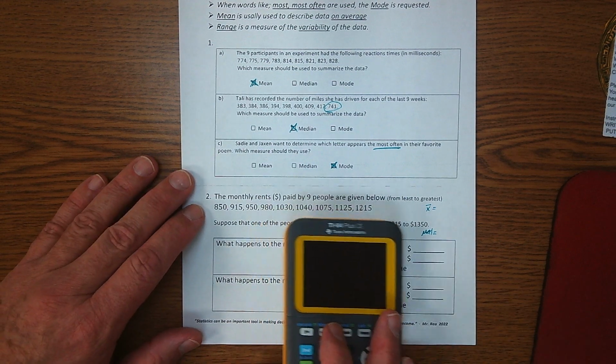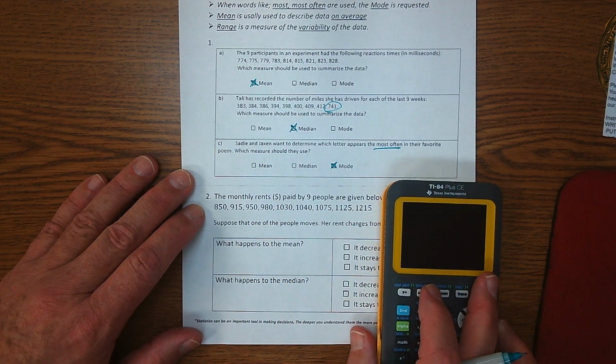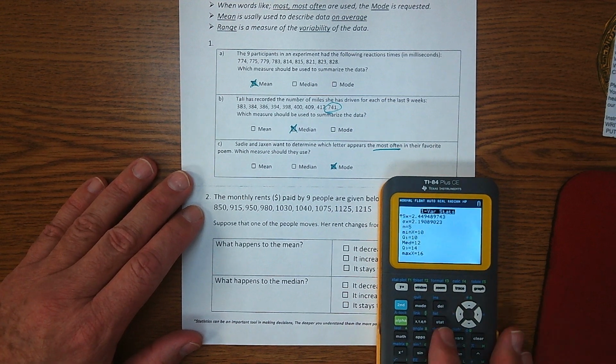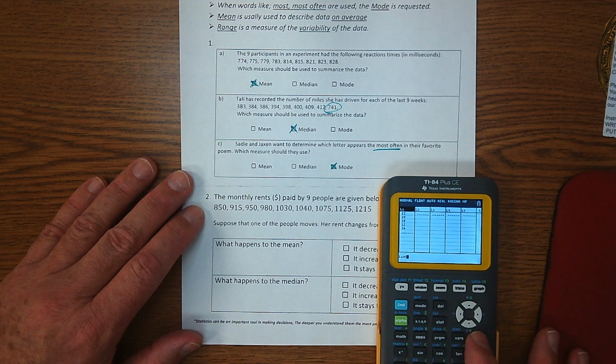So we'll do this. We're going to go grab our data here. We're going to put these 9 numbers in our data, so we're going to turn this on, go back to stat. And again, we're going to edit, we're going to clear our list, we're going to go up, clear, enter, clear our data, we're going to put these in.